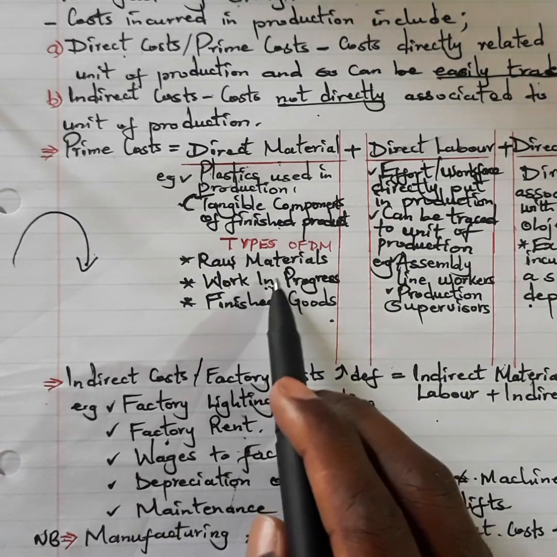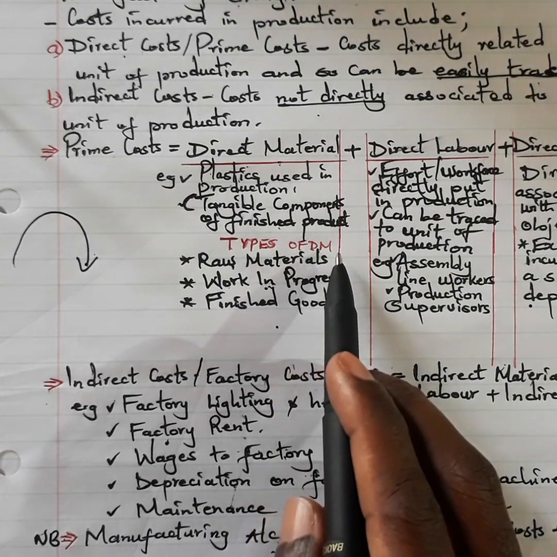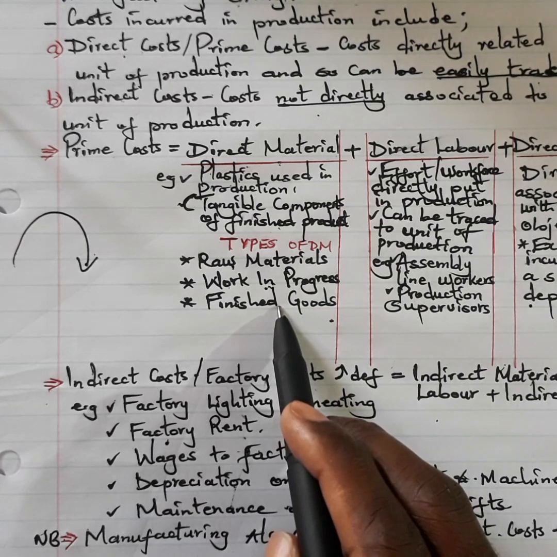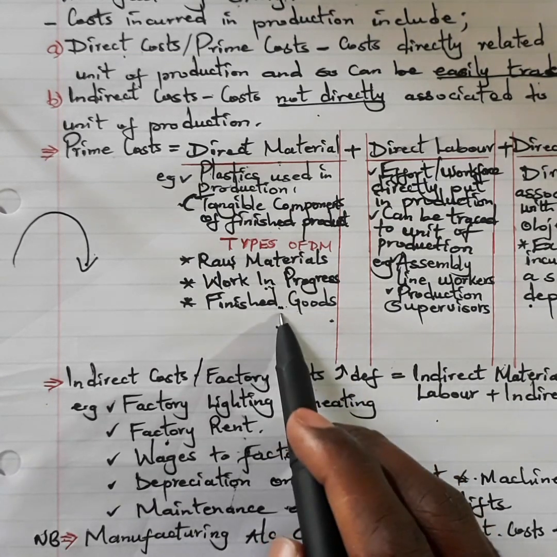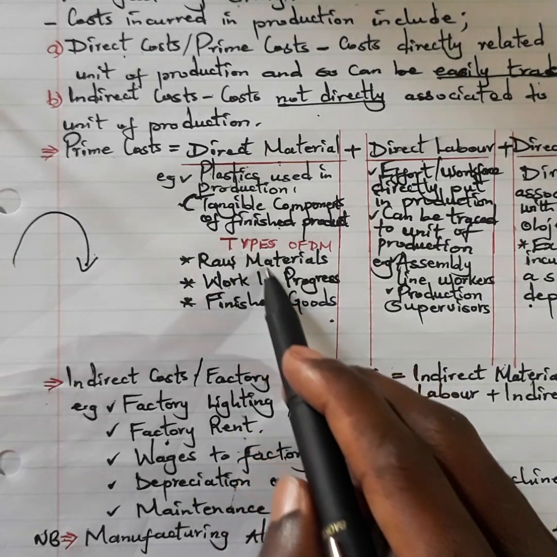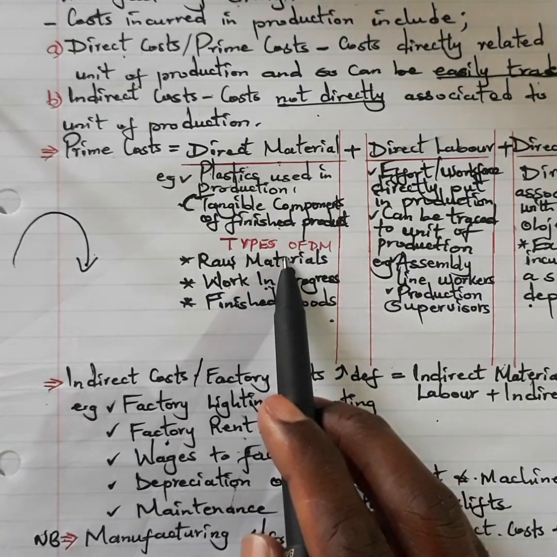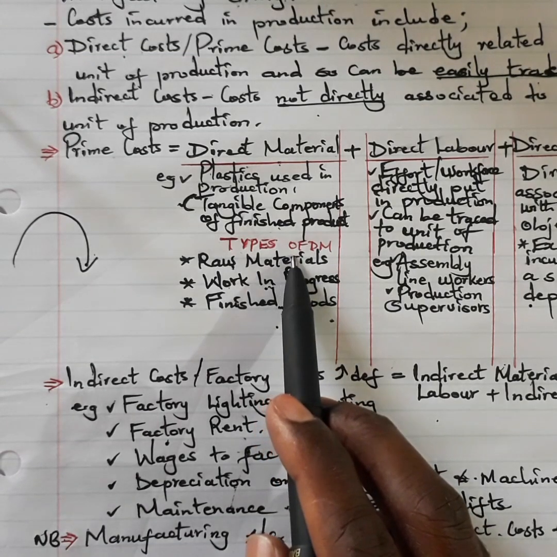They have not yet become part of the finished goods. And then finally we have finished goods, which is the final state of the product ready for consumption by the consumer. Of course, we are going to factor in all these. Work in progress and raw materials make part of the manufacturing account.